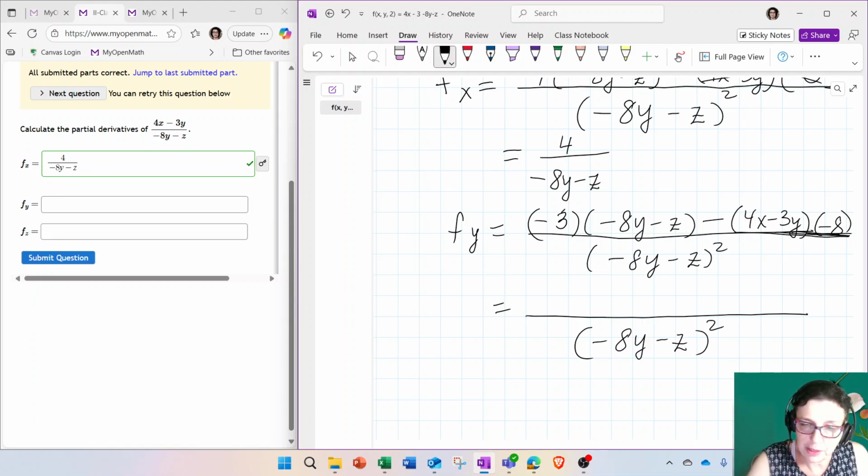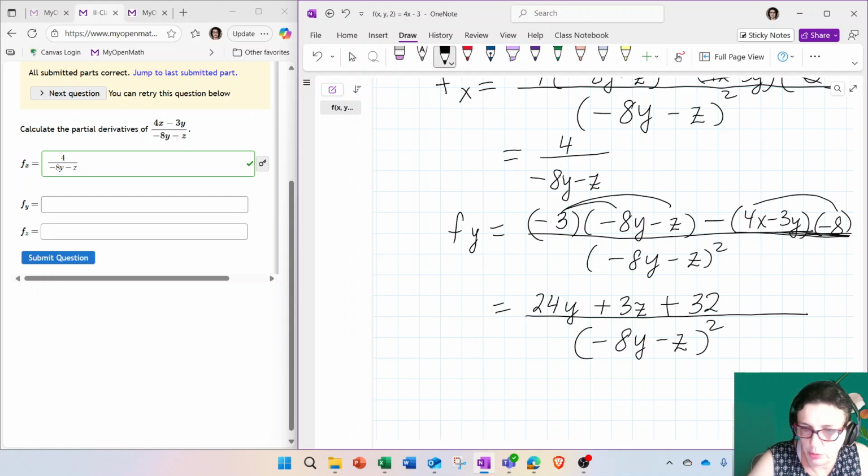And on the top, let's start distributing and see if we can cancel some terms. So we get 24y plus 3z. Now, this one is going to be negative 32x, but there was also a negative over here, so that will become plus 32x.